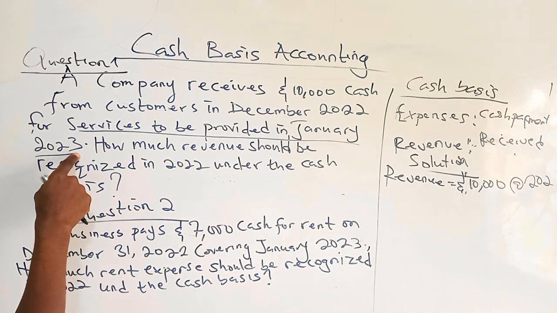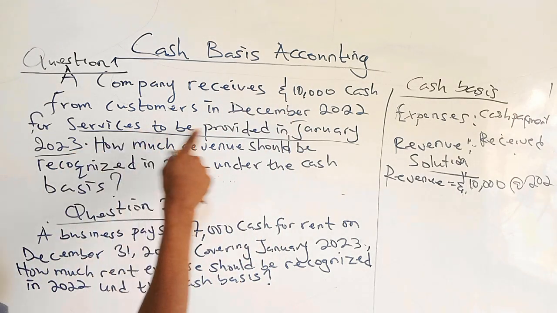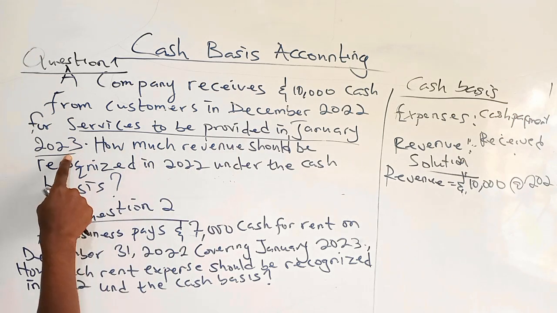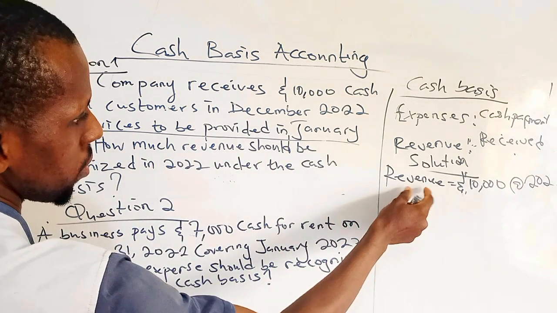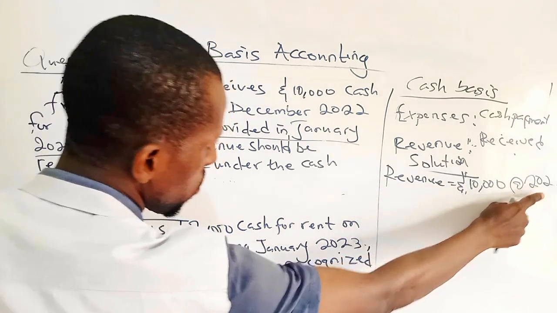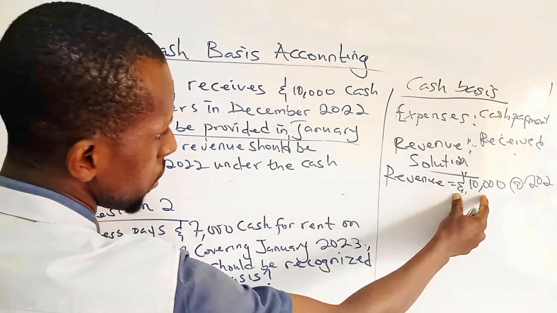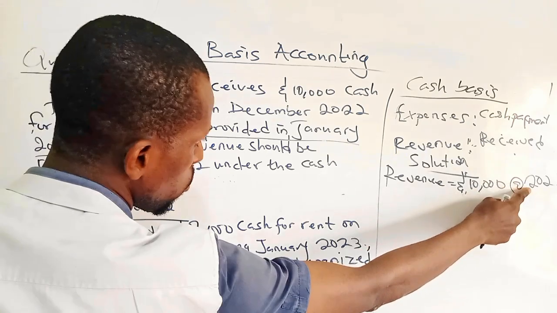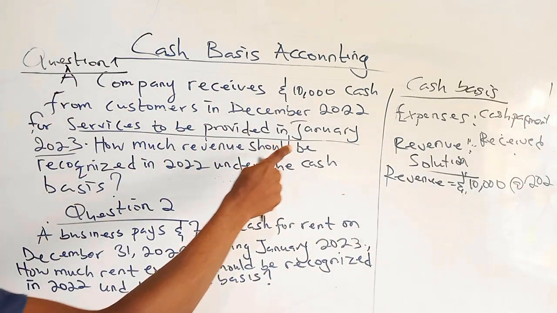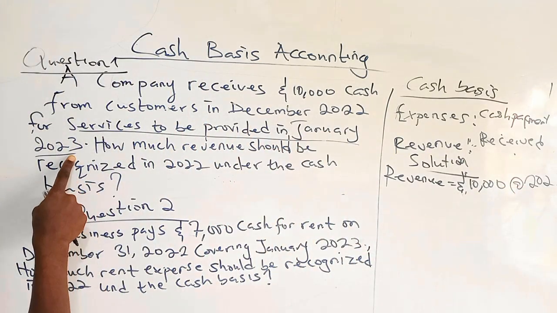In the books of the company, they have to recognize this as revenue in 2022, because this is the year the customer paid, but the services will be provided in 2023.